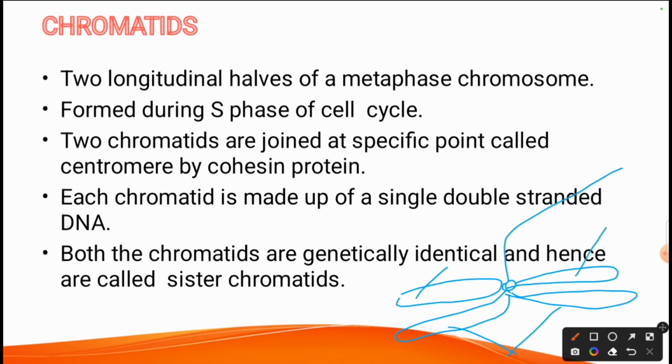So we can say there are two chromatids, the first chromatid and the second chromatid. The first chromatid means this entire part, the second chromatid means this entire part. There are two chromatids, and these two chromatids are genetically identical, so they are known as sister chromatids.